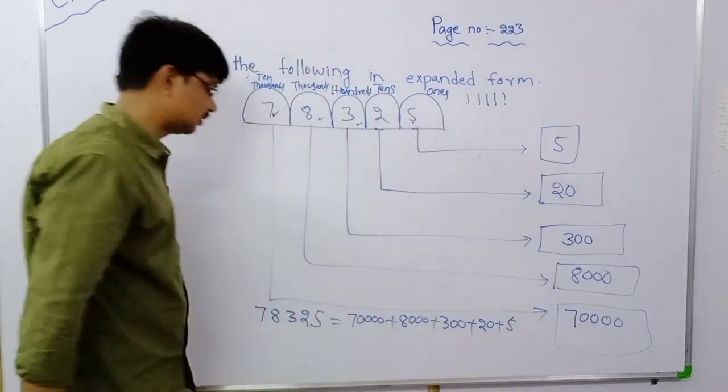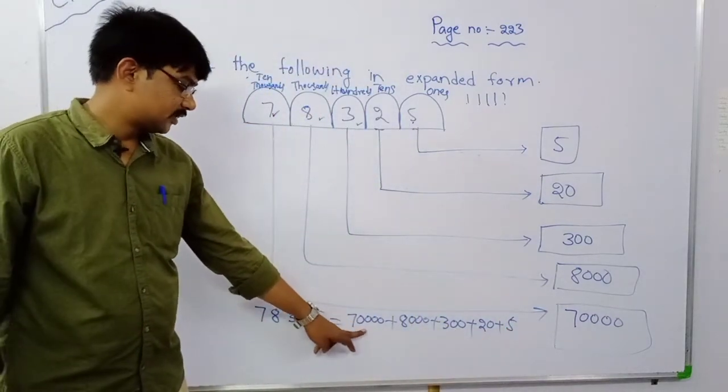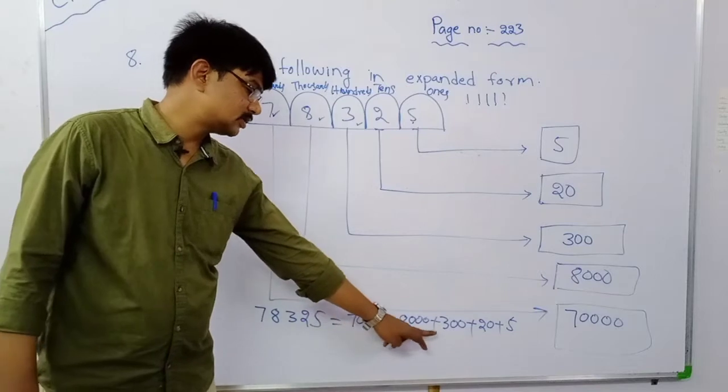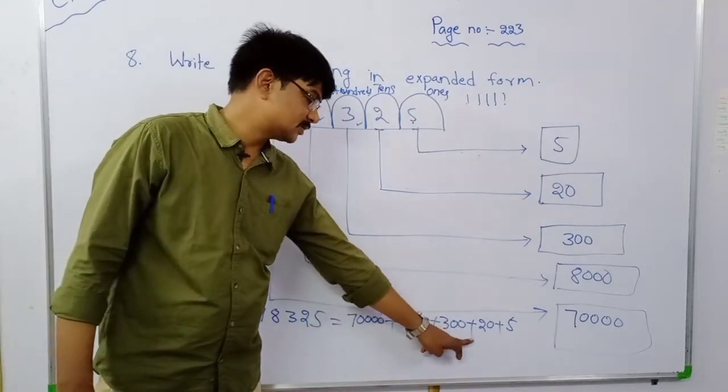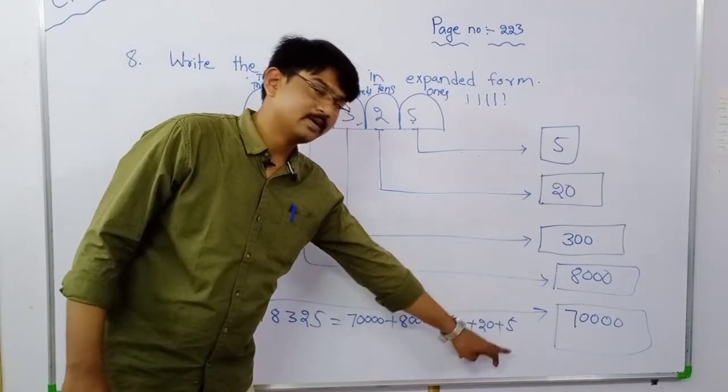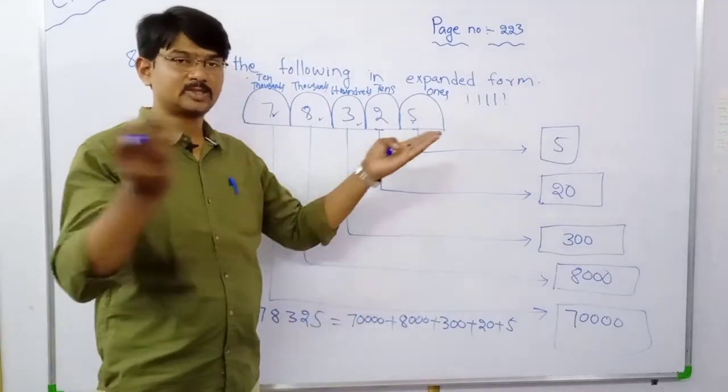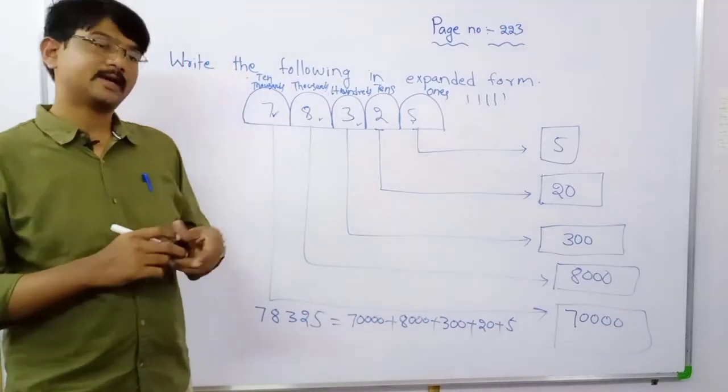We write here 70,000 plus 8,000 plus 300 plus 20 plus 5.